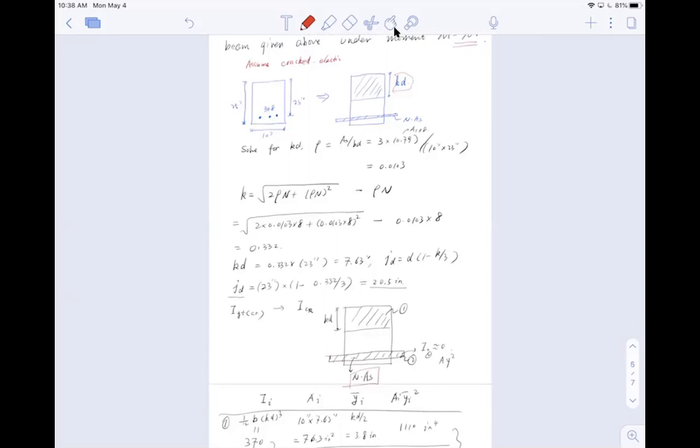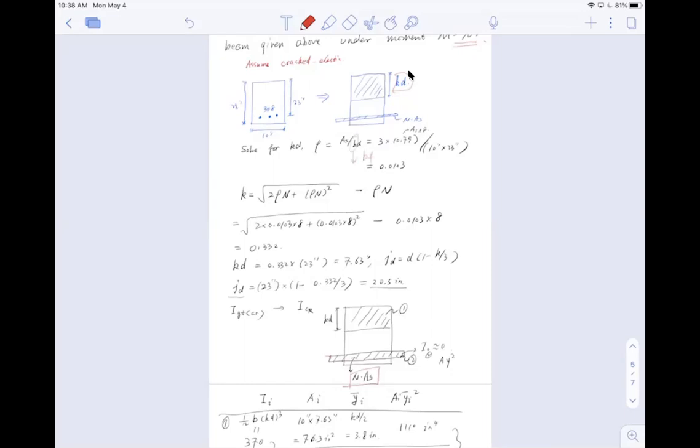Hi, sorry, can I ask one question? Yeah, please. If we were to use KD, in order to find rho, we use rho equal to AS over B times D. For this problem, I tried doing that.